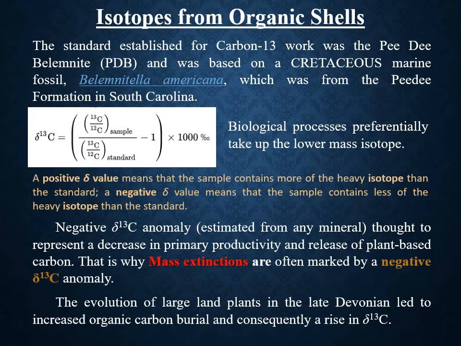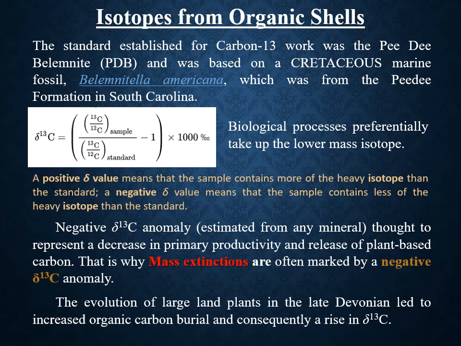Now the shells also give us the opportunity to study the variations of carbon isotopes in different organic shells, particularly marine organism shells: the corals, nautiloids, and any other organisms whose shells are made up of carbonate. They give us the opportunity to study the carbon isotopes.